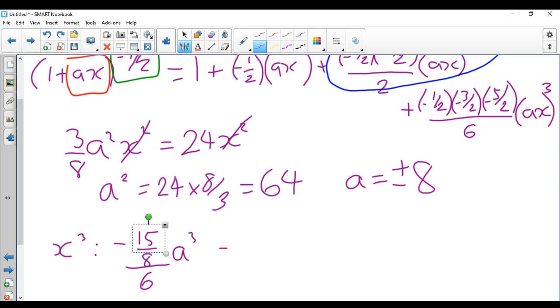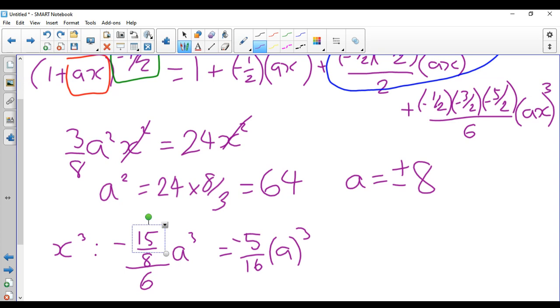Let's just neaten that up. 15 over 8 divided by 6 is 5 over 16, so minus 5 over 16 a cubed. I'm putting that a in a bracket just to make it clear that we are putting in plus or minus 8, and that will affect the answer.